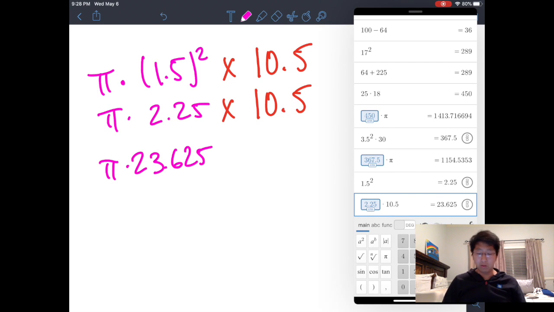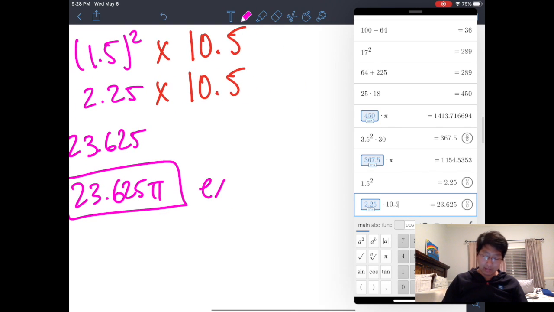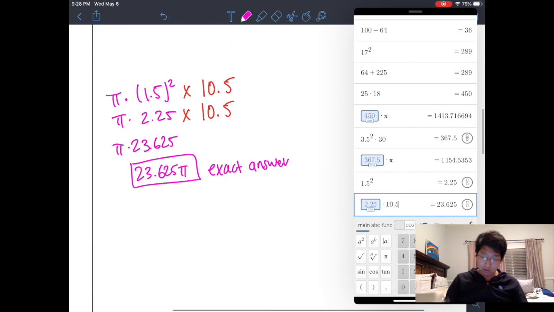So pi times 23.625. I'm going to just rewrite it so that the pi comes in afterwards. So it's going to be 23.625 pi. And that's an exact answer. And I'm going to take an approximate and multiply that times pi.